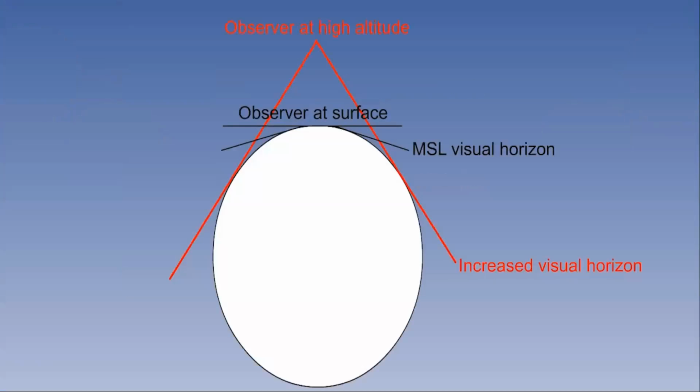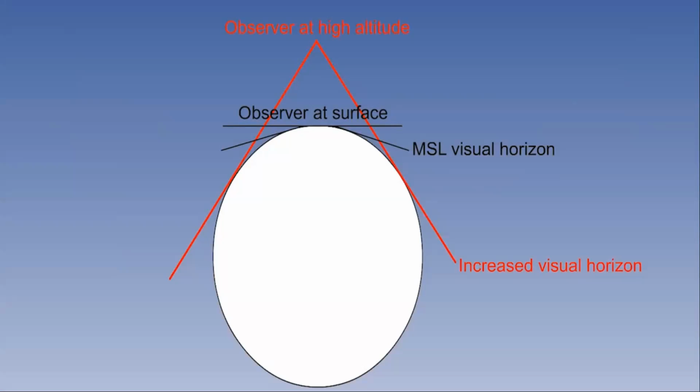The sunrise, sunset and twilight tables are based on an observer at mean sea level on flat ground or looking out to sea. An increase in altitude will increase the sensible horizon, thus making sunset later and sunrise earlier. It also makes twilight shorter.